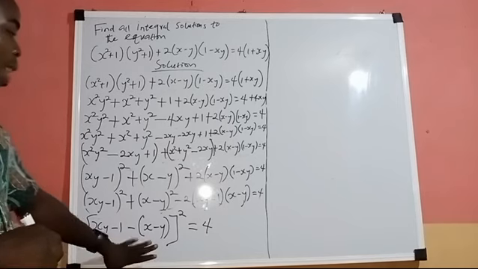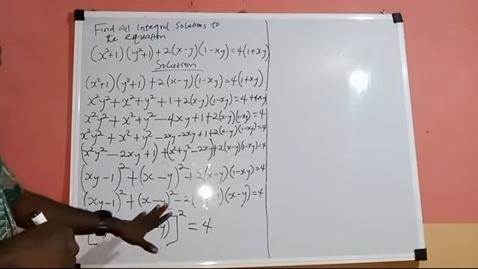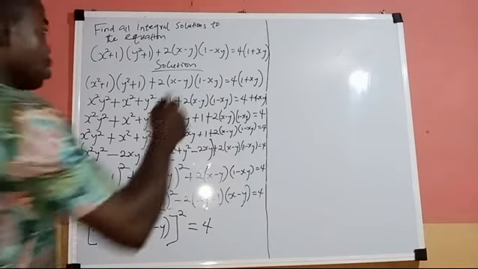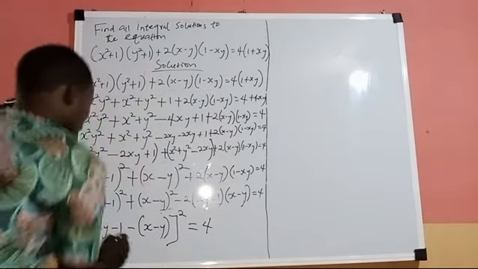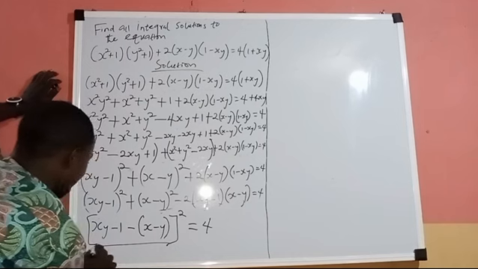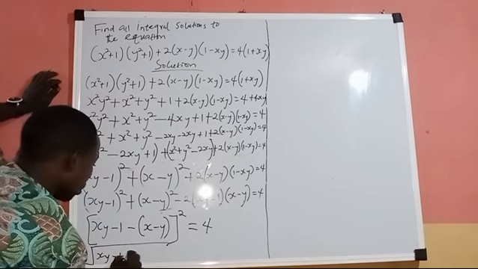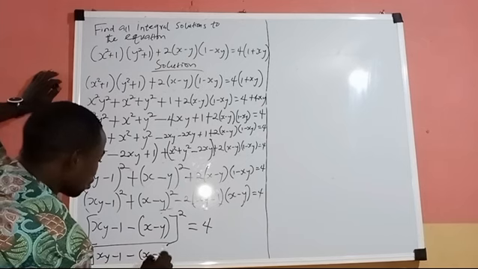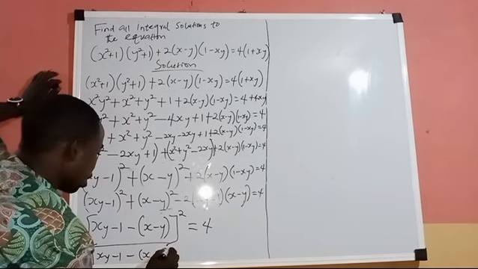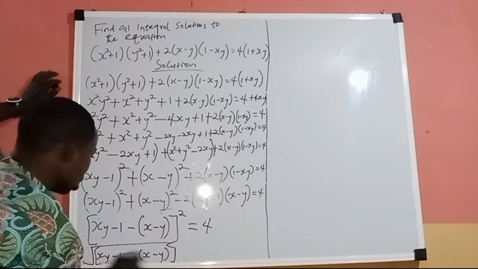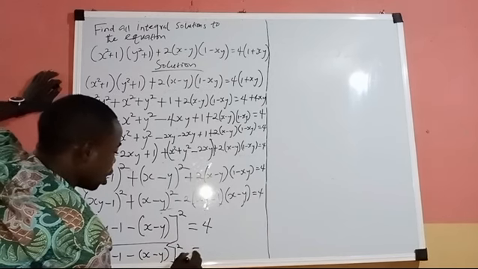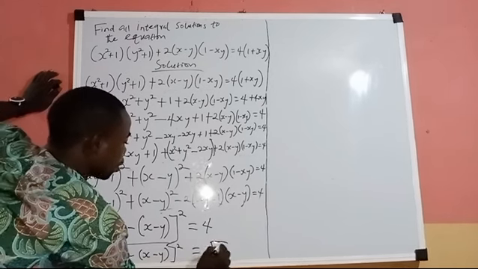So what we are going to do at this point is take the square root of both sides. The square root of this, minus (x minus y), and then the square root of 4.